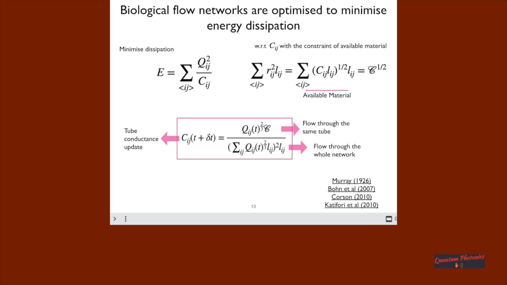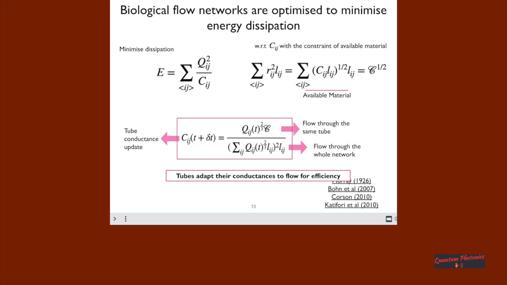The term on the left-hand side, shown by the fourth build, talks about how the conductances of each of the links, or each of the tubes, in this biological flow network adapt over time. The term on the right-hand side, the upper term shown by the fifth build, talks about how the tube conductances update as a function of the flow through the same tube.